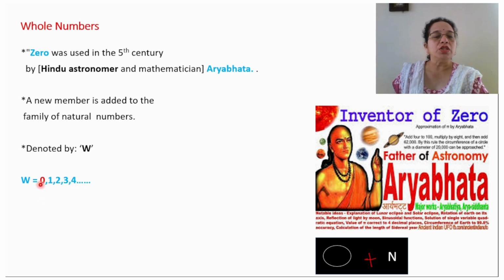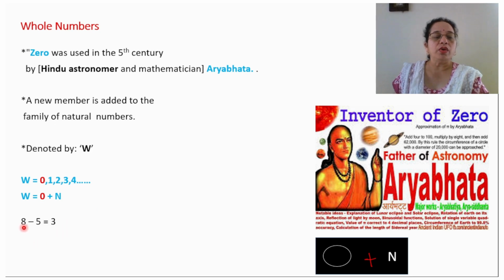So the numbers 0, 1, 2, 3, 4 and so on are known as whole numbers. The smallest whole number is 0. Or another way we can say that W, that is whole numbers, is equal to 0 plus all the natural numbers. 0 is added to natural numbers, so the new number system is whole numbers.